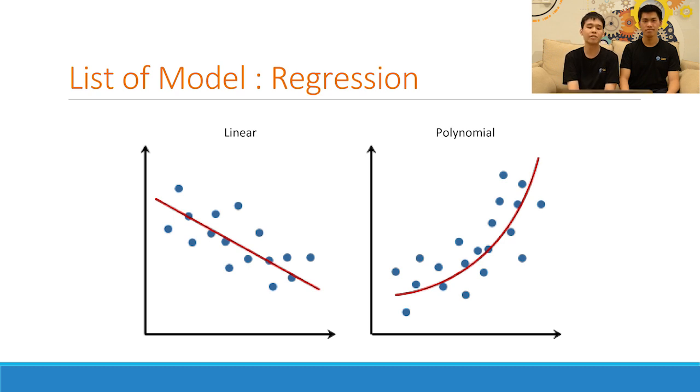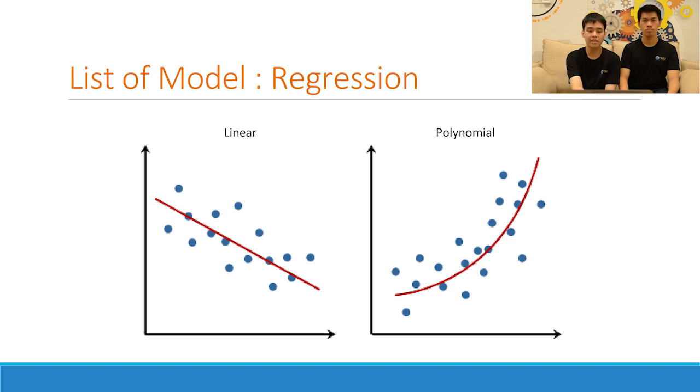The equation of the line, let's say y equals mx plus b, we can call this the model. Meanwhile, the red line is the output of the model. The blue dots here are the original dataset. We can observe that the red line is optimal because the blue dots are close to the red line.